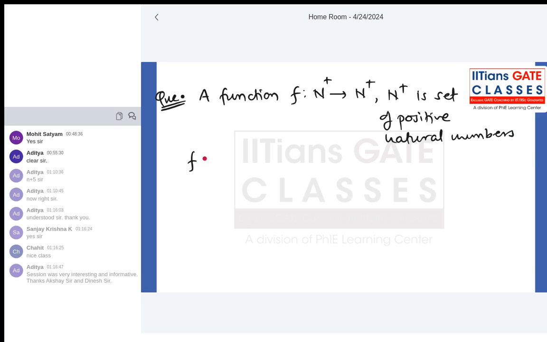And f of n is defined with two definitions: f of n by 2 if n is even, but if n is odd, then it is defined as f of n plus 5 if n is odd.